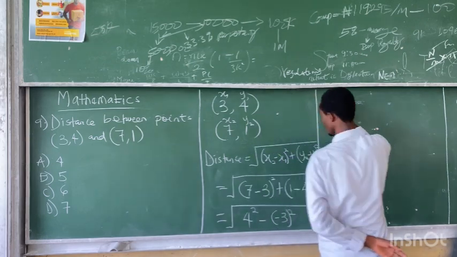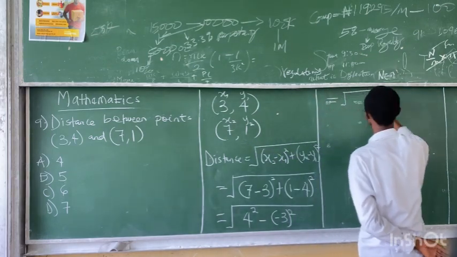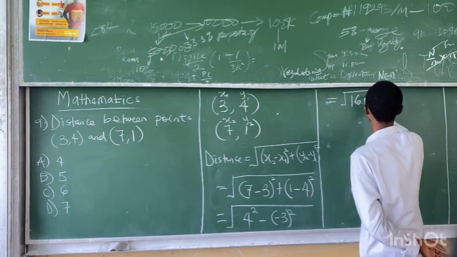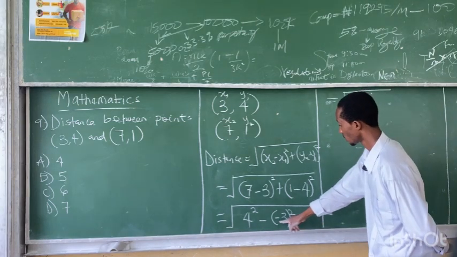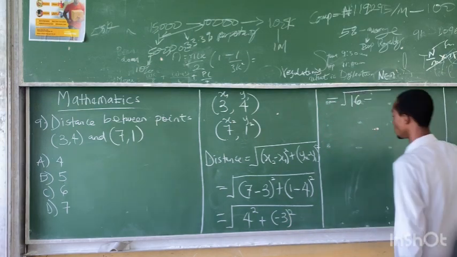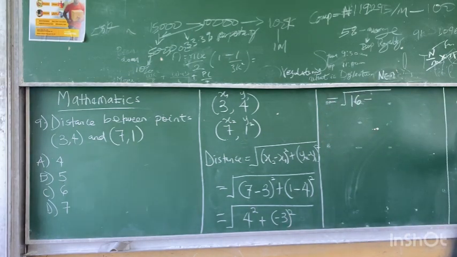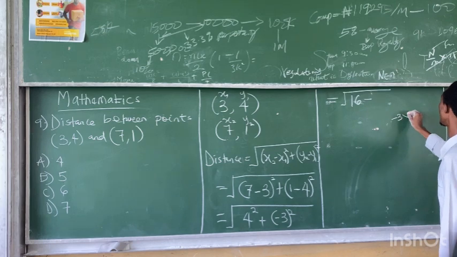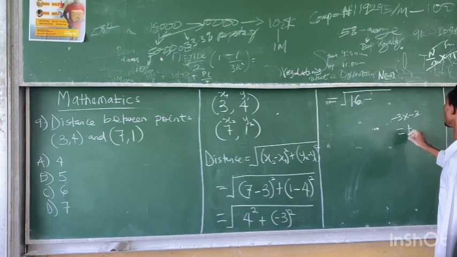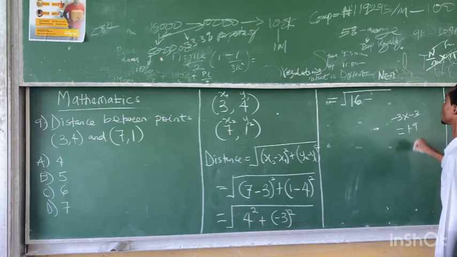This is equal to square root of 4 squared, which will give us 16, plus, minus 3 squared, which is minus 3 multiplying itself 2 times. Minus 3 times minus 3, which will give us minus times minus is plus, 3 times 3, we have 9.